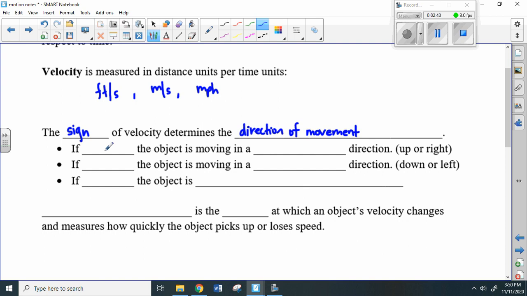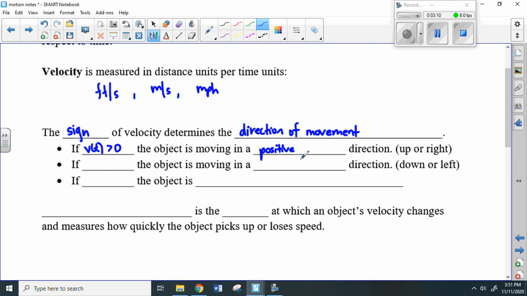So if velocity is positive, we say that by saying it's greater than 0, then we know that the object is moving in a positive direction. That would mean up or right, depending on what kind of motion it is. If the particle's moving up and down, then positive means up.